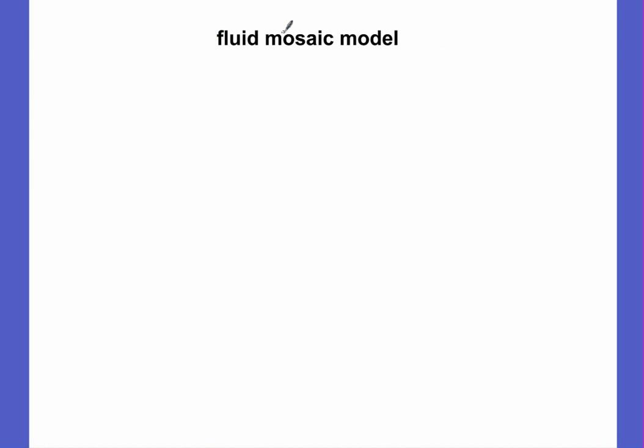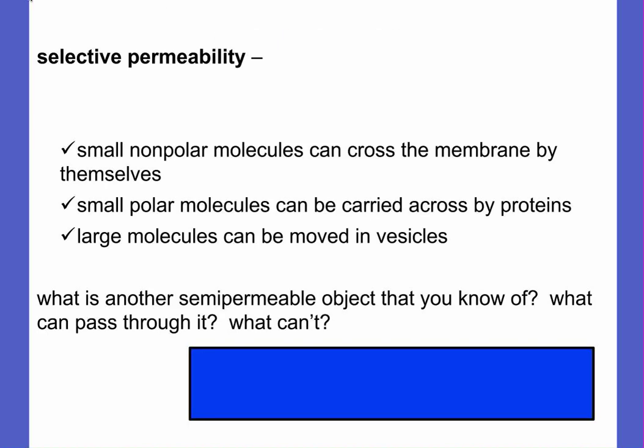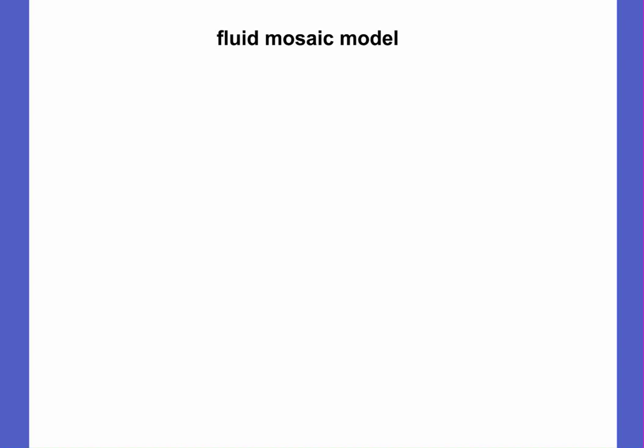So again, a fluid mosaic model, right? Now in your notes, you don't just have this fluid mosaic model. If I skip ahead at selective permeability, below this, you should have a list of things. You should have phospholipids, cholesterol, carbohydrates, proteins, right? So you have those things down below.